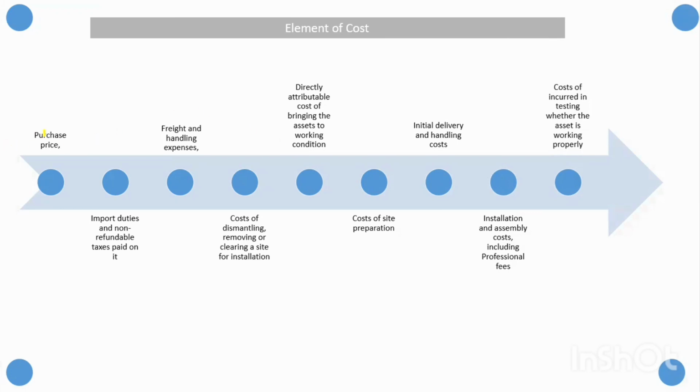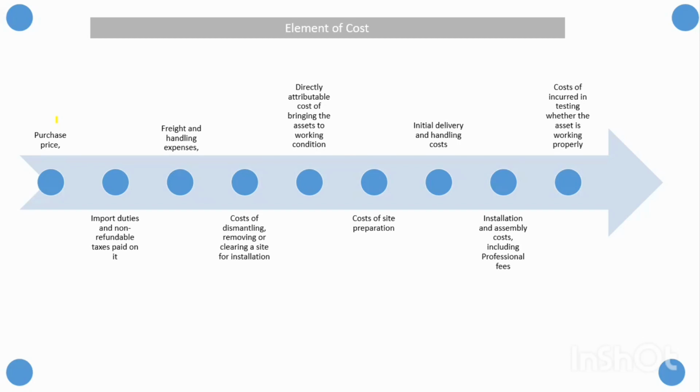After purchasing an asset, there are some other costs that may be associated with that purchase. For instance, if you bought equipment overseas, you may need to ship it into your country, and as such you may pay freight and other expenses. Such expenses should be added to the purchase price of the asset.